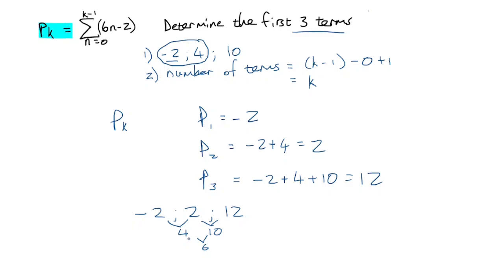A side note, which I'll cover in a lot more detail in other videos, I find it exceptionally useful in quadratic number patterns to think of them as graphs, so that when you've worked out the formula, whatever that may be, then if they say what's the smallest term in the pattern, if it was a happy graph, you could just think of it as working out your turning point, and that would be the smallest term in the pattern. So yeah, this is just a little bit of extra in this video to help you.